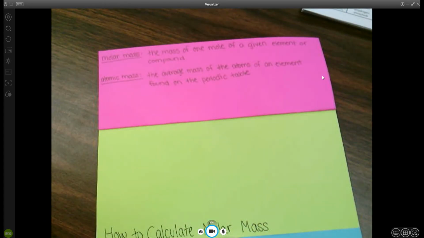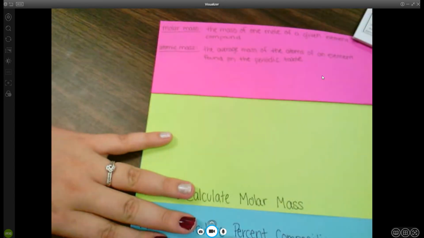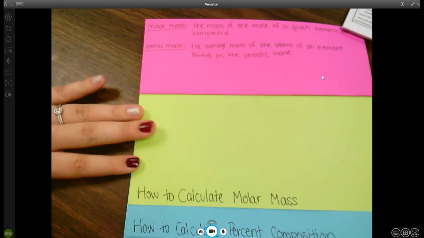Okay, so atomic mass is the average mass of the atoms of an element found on the periodic table. So those are the two terms we're going to define, and now I'm going to walk you through the steps of calculating molar mass. So we're going to start on the pink so we have enough space.